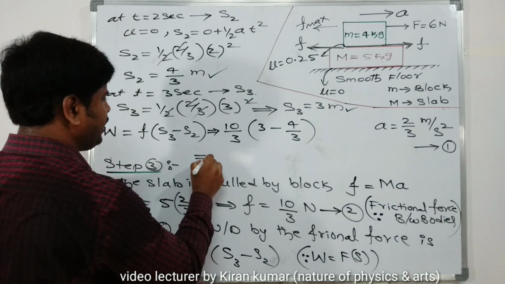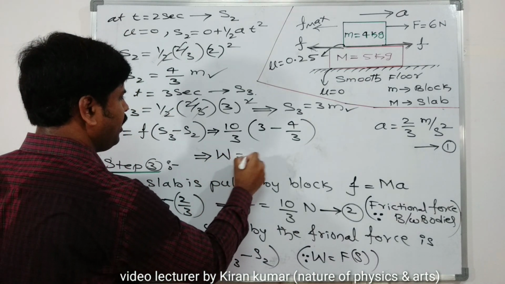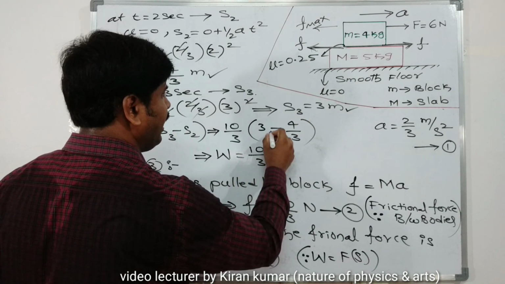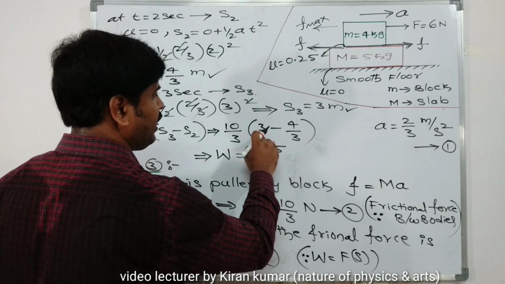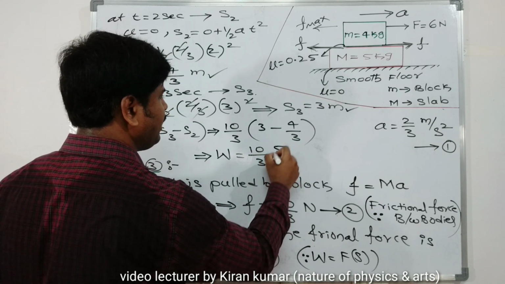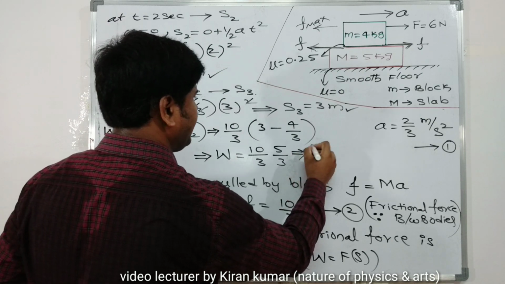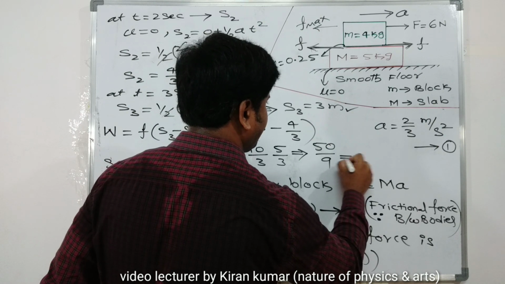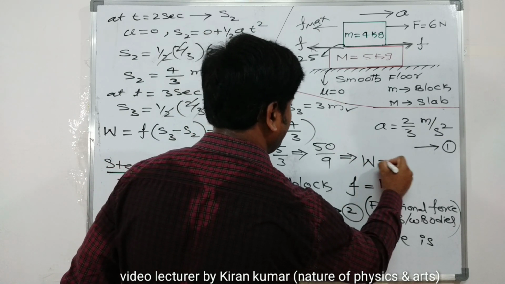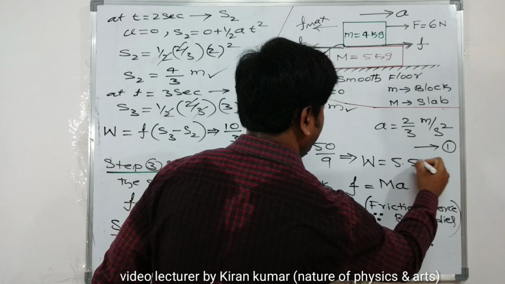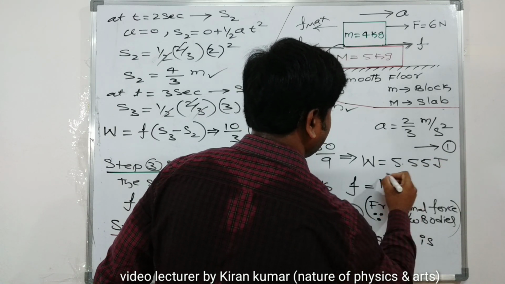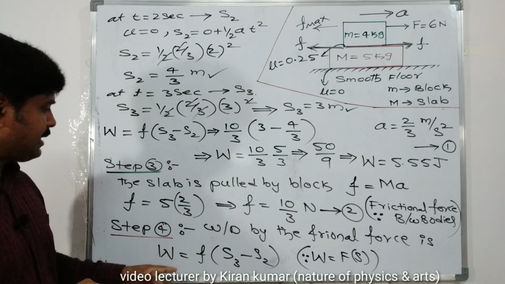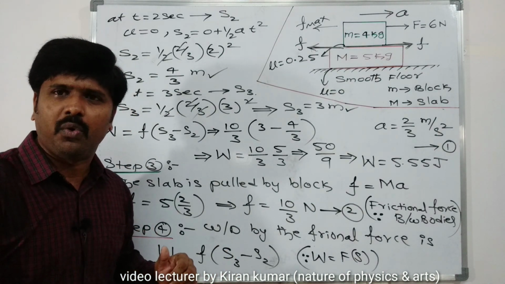Then, continuing, work done is equal to 10 divided by 3 into 5 divided by 3, that is 9 minus 4, so 50 divided by 9. So the work done, writing W, is equal to 5.55 joules. This is the work done by the frictional force. This is the continuation of step 4.